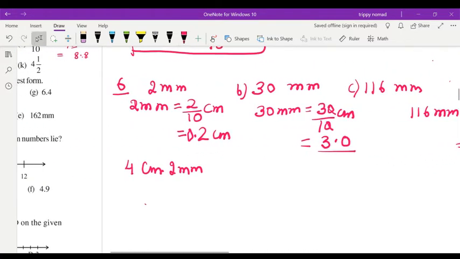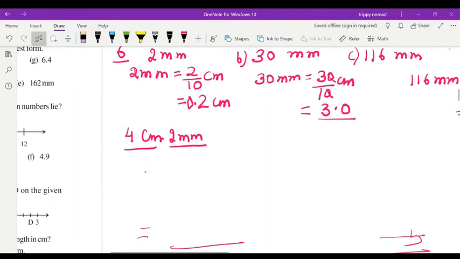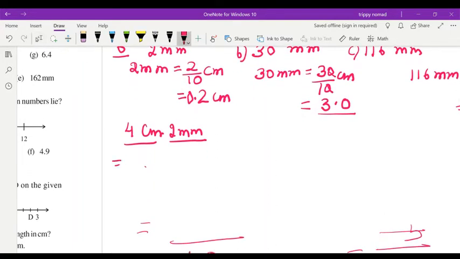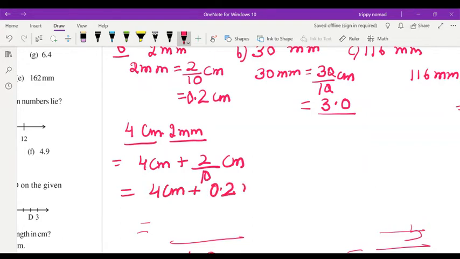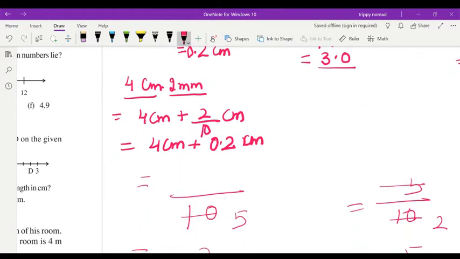Now D part, that is 4 centimeter and 2 millimeter. Children, this part is already given in centimeter. 4 centimeter plus 2 upon 10 centimeter it will become. So 4 centimeter plus 0.2 centimeter. Then what will be the answer?